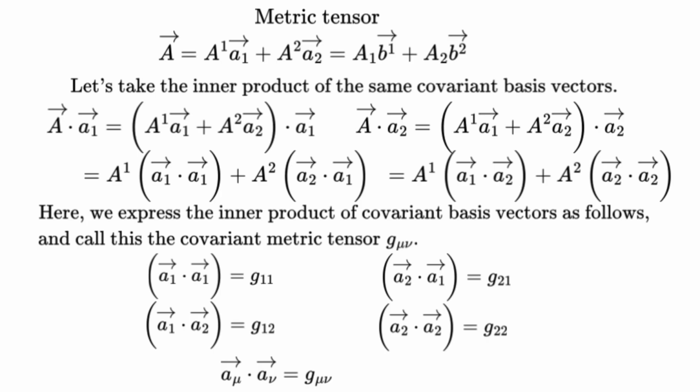Metric tensor. Let's take the inner product of the same covariant basis vectors. Here, we express the inner product of covariant basis vectors as follows, and call this the covariant metric tensor G_μν.